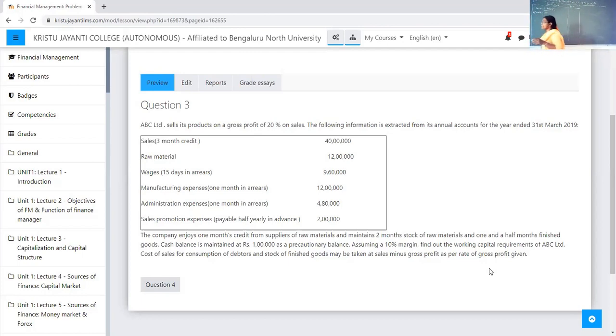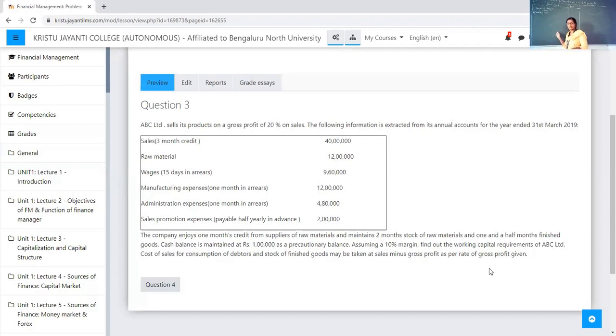They have told that it is 40 lakhs. But if you look into the question, the sales information has 20% of profit in it. Because if you read the first line, they say ABC Limited sells its product on a gross profit of 20% on sales. So when you say credit sales, 40 lakhs, that 40 lakhs includes 20% of profit.